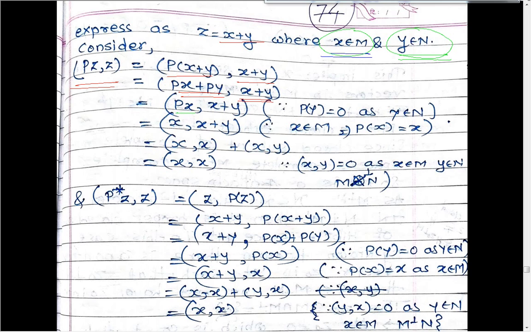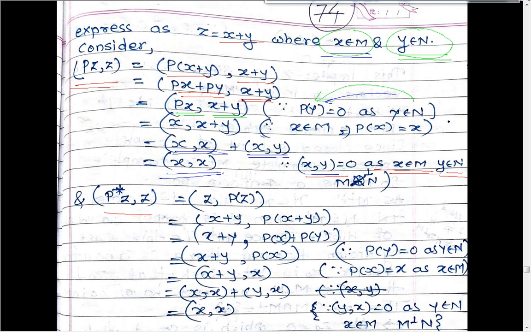Further, this is the inner product of Px and x plus y, because Py is 0 as y belongs to N. Since Px is x, it is the inner product of x and x plus the inner product of x and y. But this is nothing but the inner product of x and x, because the inner product of x and y is 0 as x belongs to M and y belongs to N.